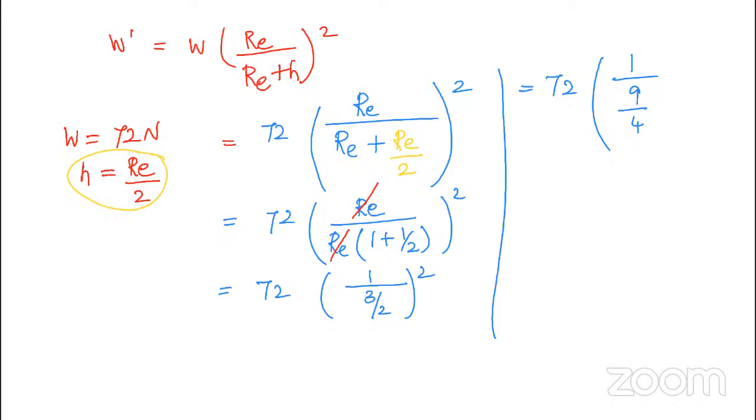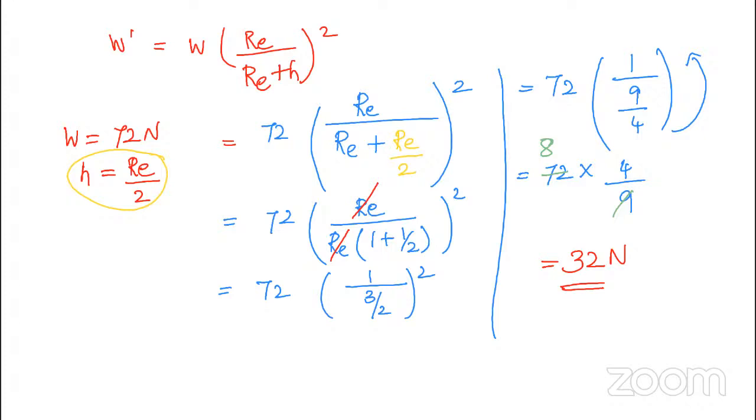The 9 by 4 we can shift here, so 72 into 4 by 9. Now cancel this: it is 8 times. So 8 into 4 is equal to 32 Newton. 32 Newton is the answer. So this is for option B.